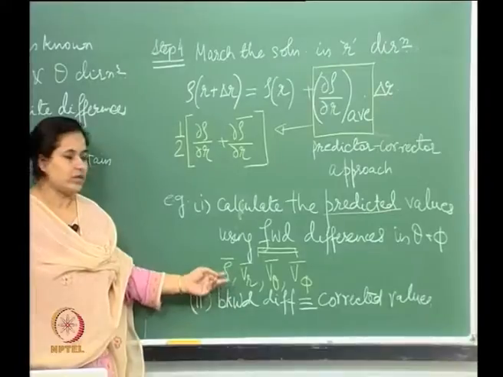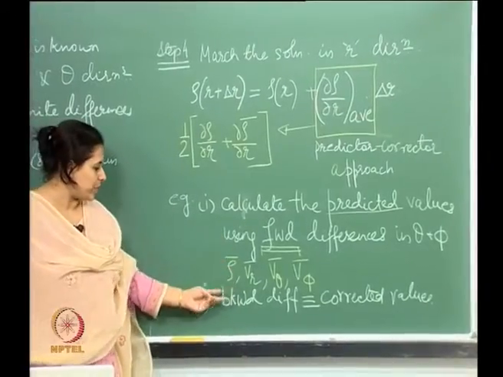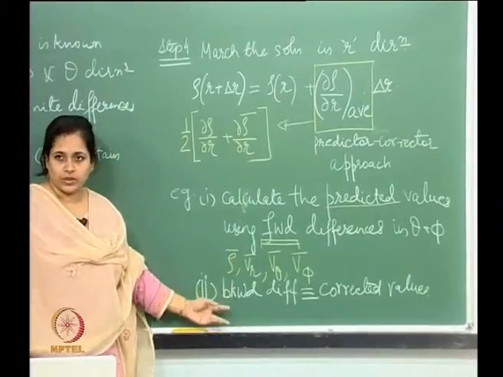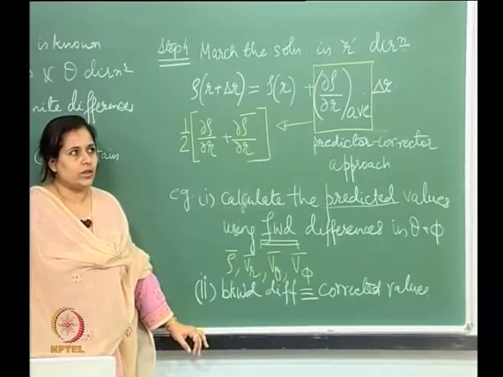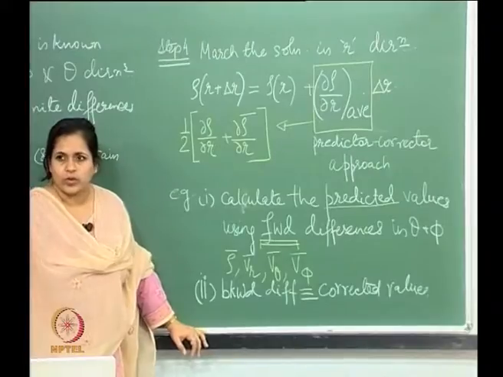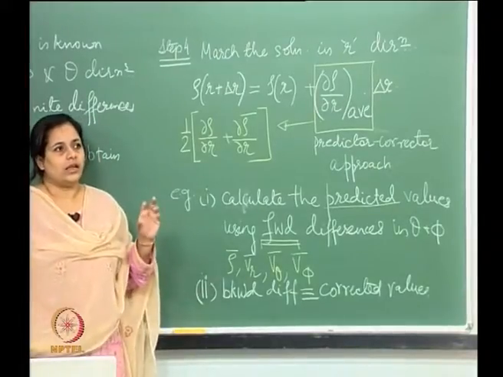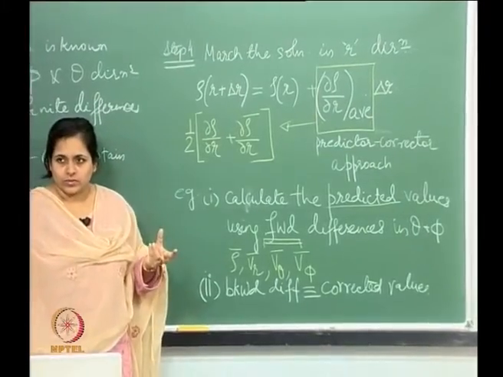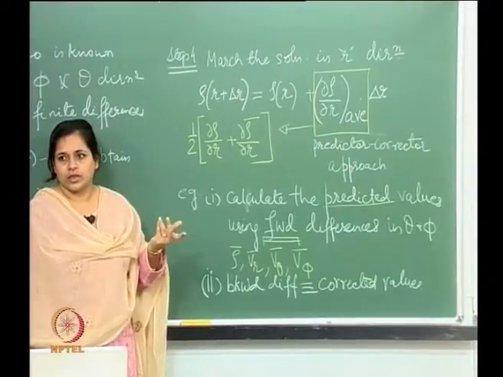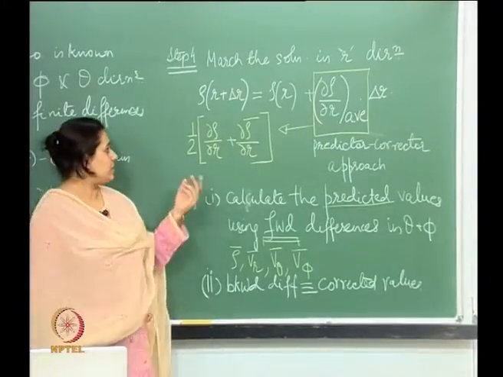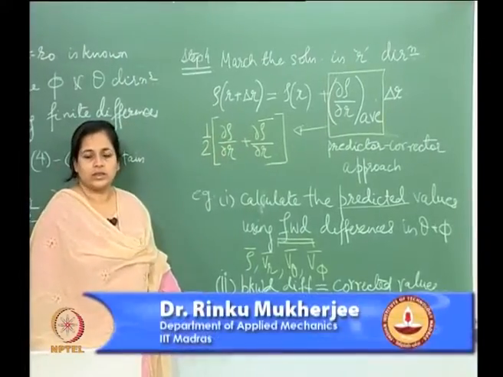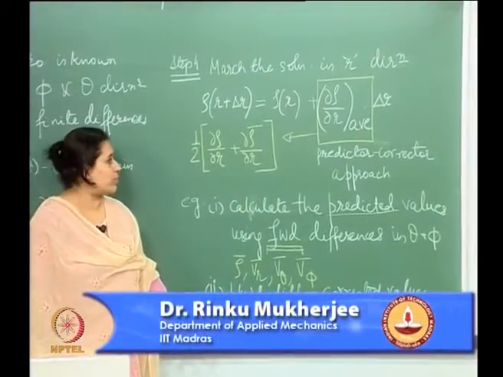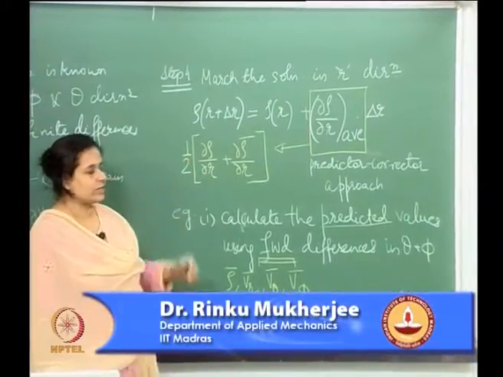Then for the same property, we use a backward difference and calculate the corrected values. So you can crudely say it's like using two different approaches, you get two different values for the same property, and hence you get an average for this rate of change of that property as this.